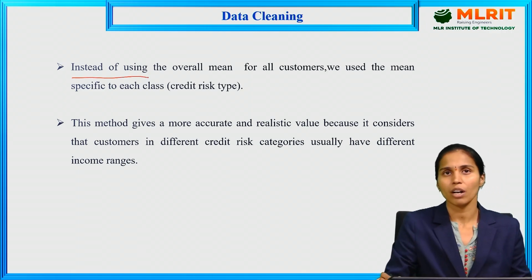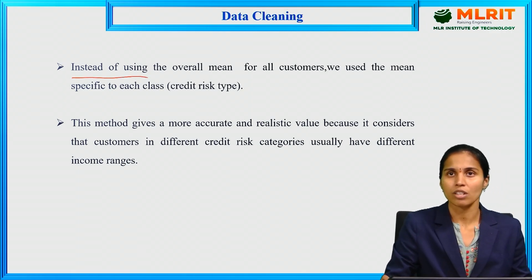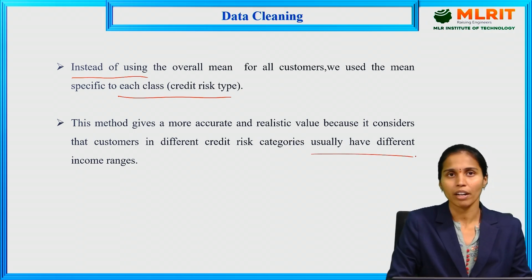Instead of using the overall mean for all the customers, we use the mean specific to each credit risk type. This method gives a more accurate and realistic value because customers in different credit risk categories usually have different income ranges.